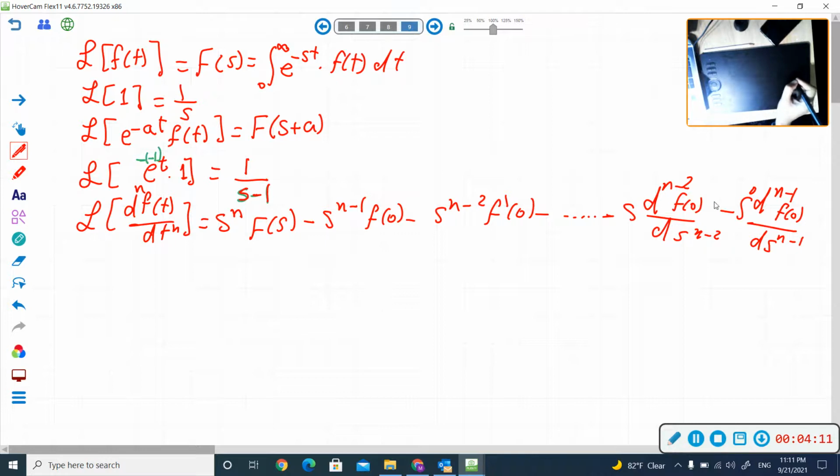Okay, so the differentiation in time domain will be transformed into a multiplication in the S domain.